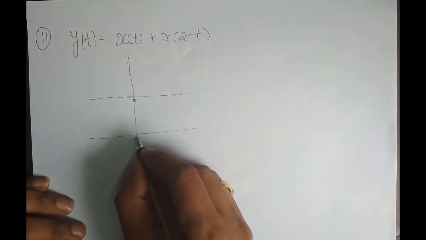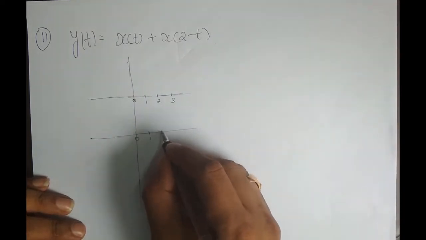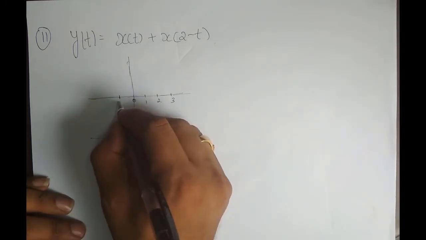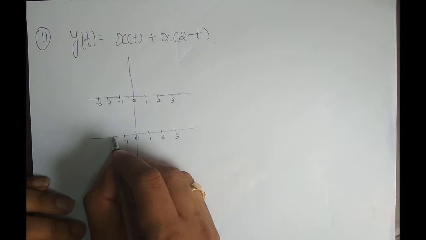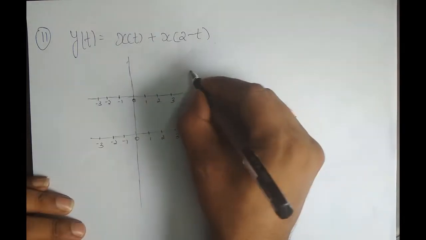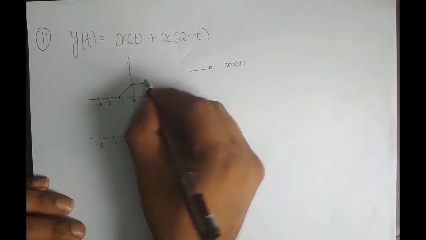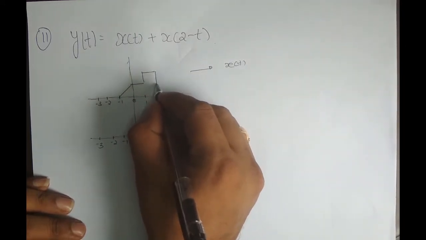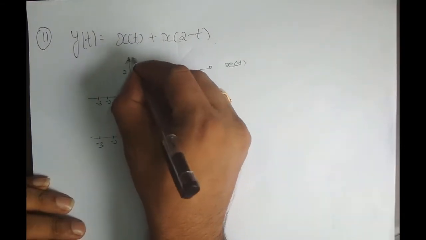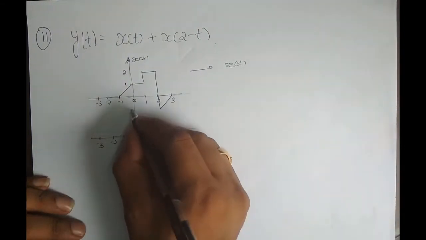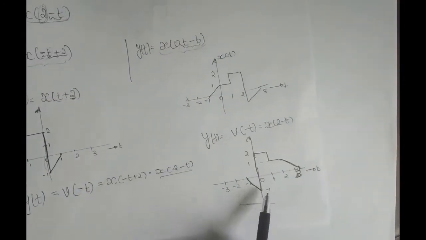So 0, 1, 2, 3, minus 1, minus 2, minus 3, for each axis. First we'll sketch x of t. So our x of t is like this, right? This amplitude is 1 and this amplitude is 2. So this is x of t. Now the second signal, we'll plot x of 2 minus t, and x of 2 minus t is this, no?